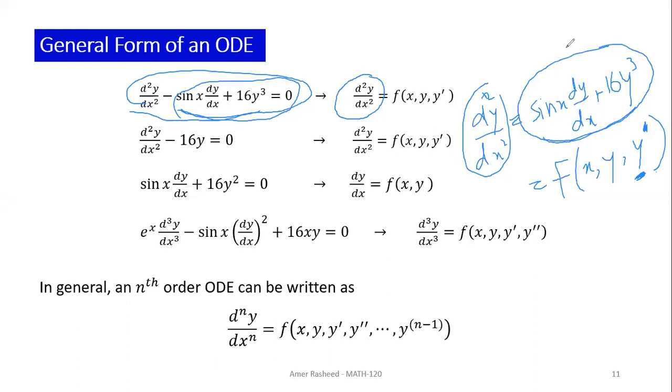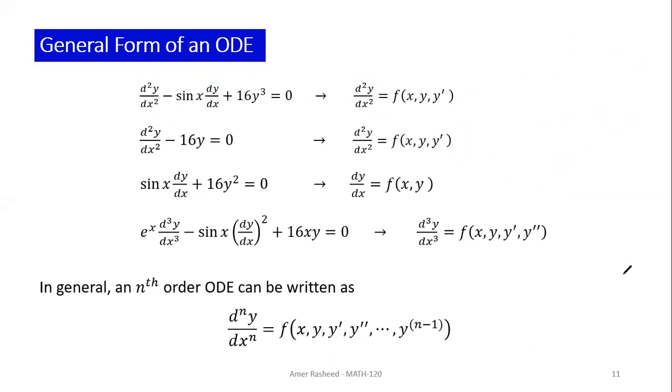Okay, then it's okay. So this is another notation for the ordinary differential equations. What we do, we keep the highest order derivative on the left hand side, and the remaining terms we take them on the right hand side. So this thing can be written as d square y by dx square is equal to what? 16y.